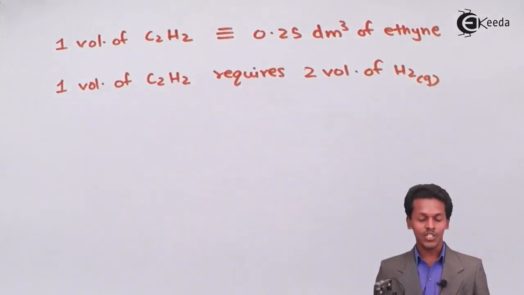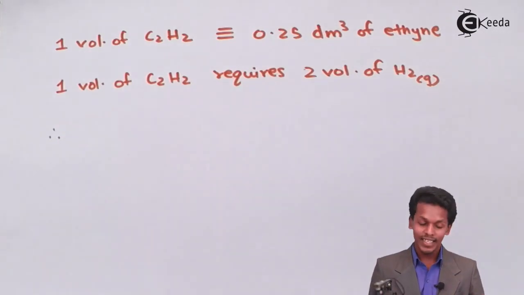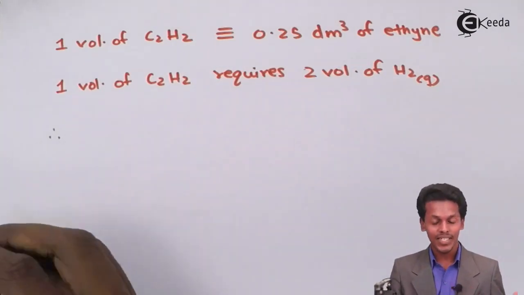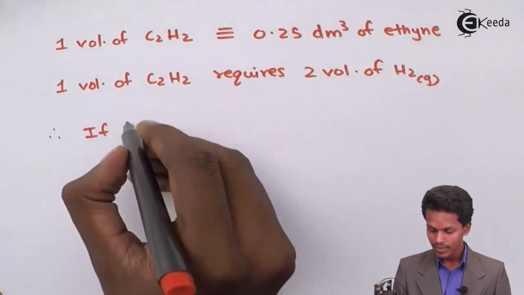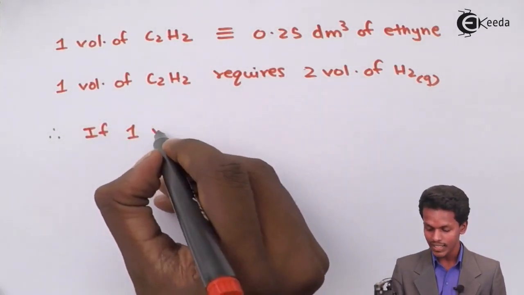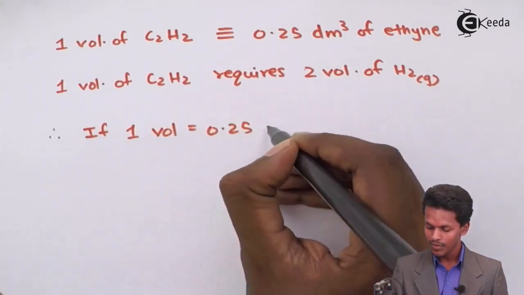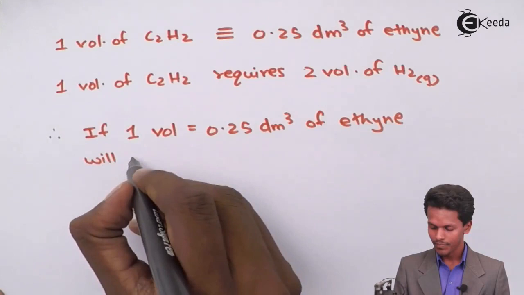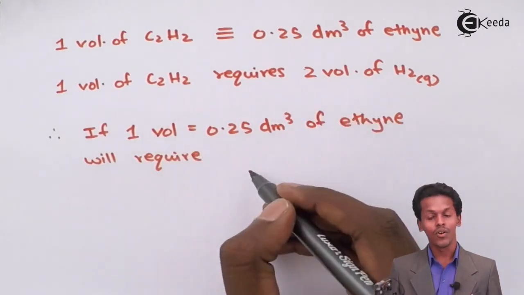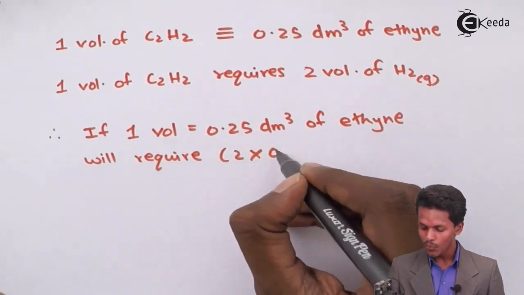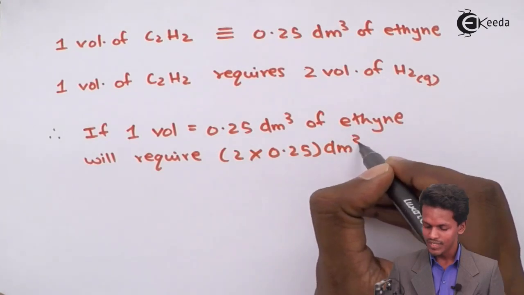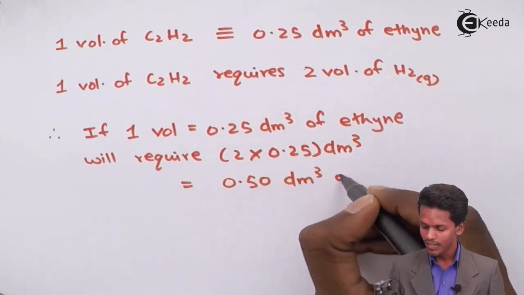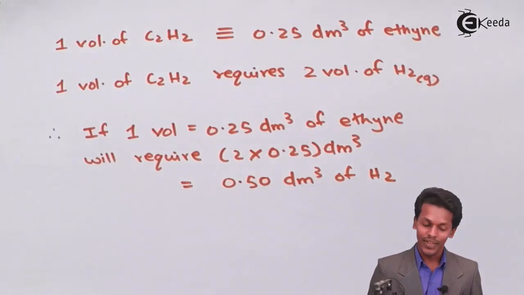So I can easily estimate that the volume of hydrogen required for 0.25 dm cube would be double that. Therefore, if 1 volume, which is 0.25 dm cube of ethyne, requires 2 volumes of H2, that means it requires 2 into 0.25 dm cube, which is 0.50 dm cube of hydrogen. So this is the answer we have got.